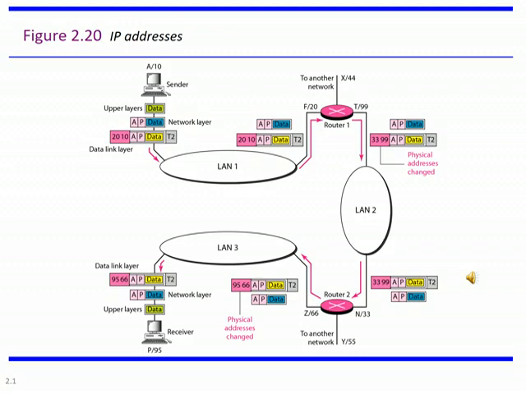Now computer P95 is the receiver computer. The P95 machine has the data link address 0566 AB data T2, and the receiver computer has its IP address. Data is sent based on these IP addresses.